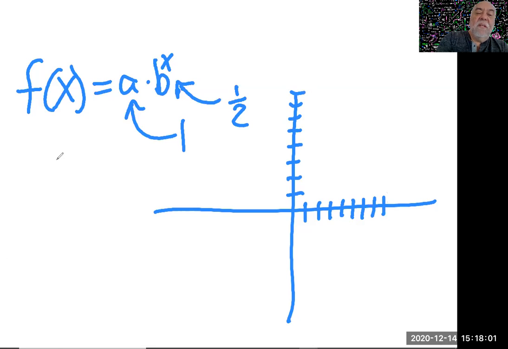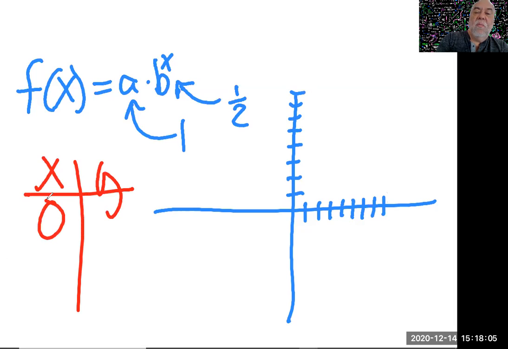So if we make the little table x, y, if x is 0, remember 1/2 to the 0, anything to the 0th power is always 1. So it's right there. Okay, if x is 1, we know b is 1/2. So what's 1/2 to the first power? It's basically itself.